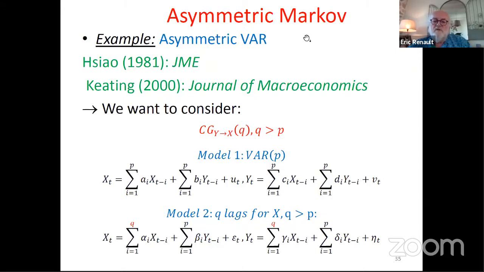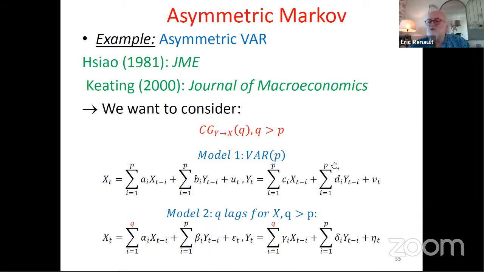Basically, what they do, they say, maybe we don't want to put the same number of lags in the equation. Say we put more lags for the X variable than for the Y variable. They put the same thing in all the equations to keep the advantage to do OLS and so on, but they put more lags in the X variable.